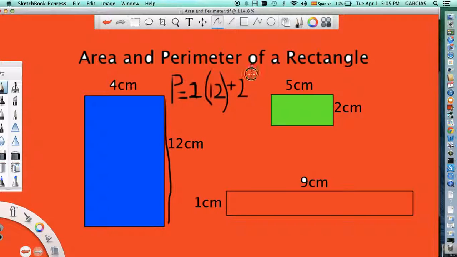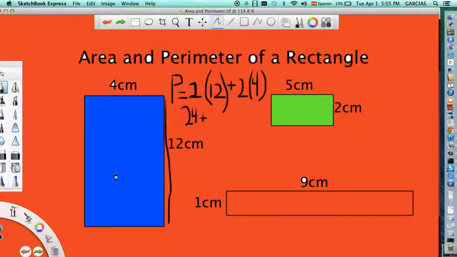So we have 2 times 4 centimeters. And that would give us 24 plus 8, that would be 32, and the units are centimeters. And that will give us the distance around the figure.